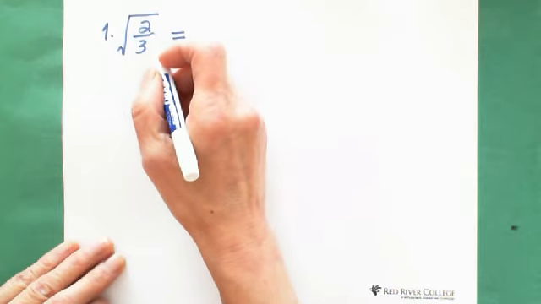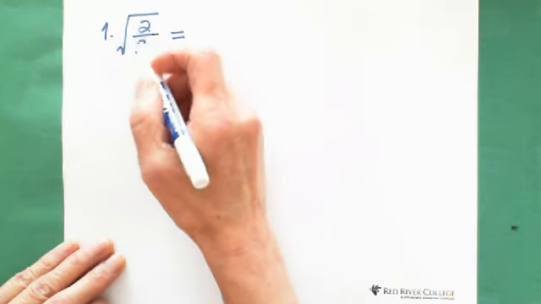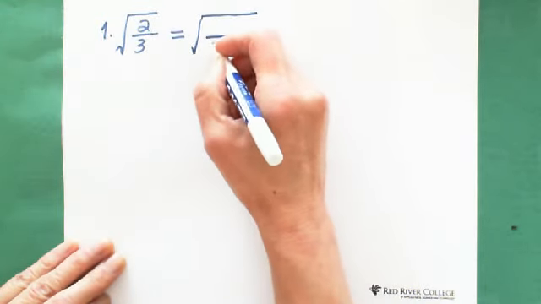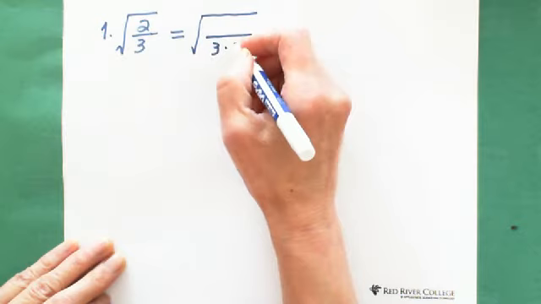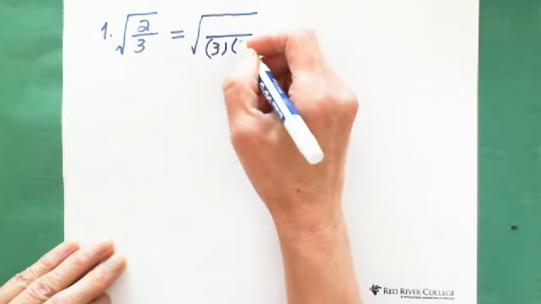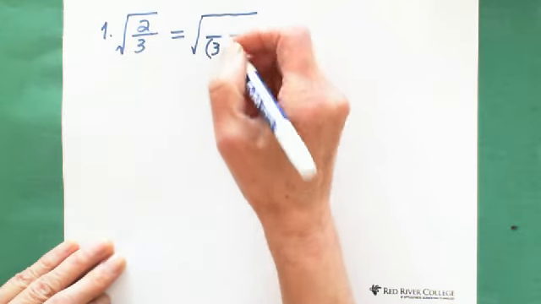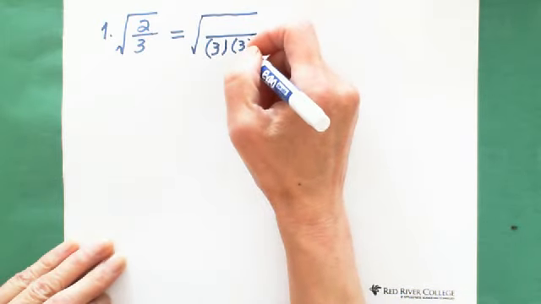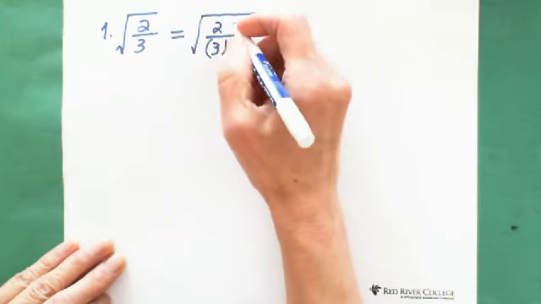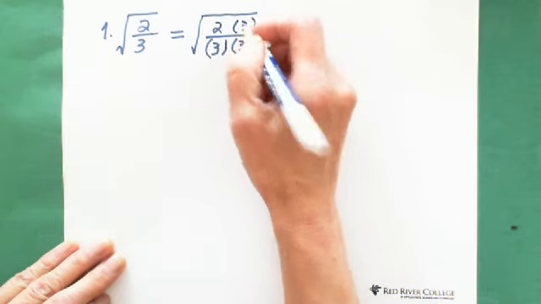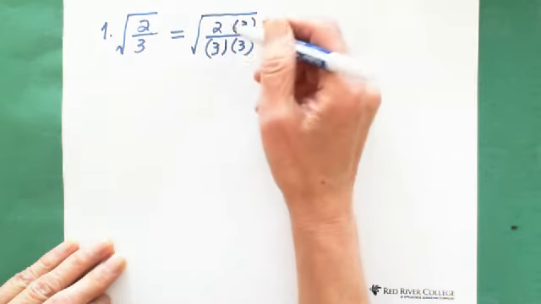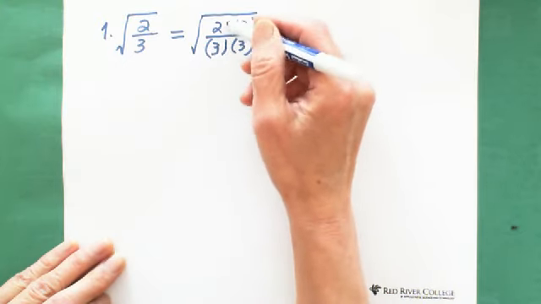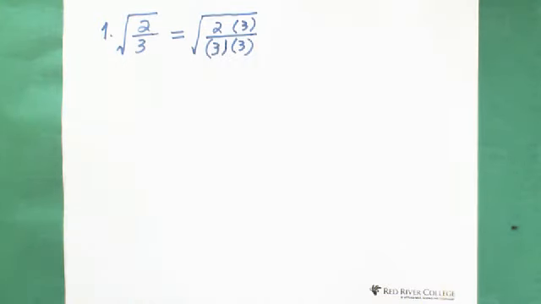We need to make a pair, but there is only one 3, so we multiply another 3 to the bottom. Once you multiply 3 to the bottom, you need to multiply 3 to the top too, because this is a fraction and we need an equivalent fraction.